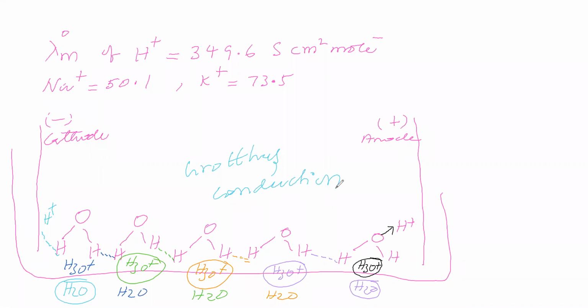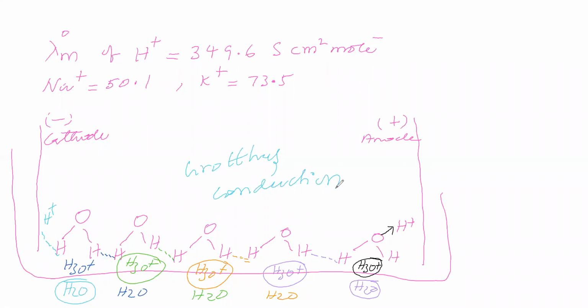Because there is one contribution by translational motion and another contribution by hydrogen bonding. In the same way, lambda m naught of OH minus is also much high by Grotthuss conduction.